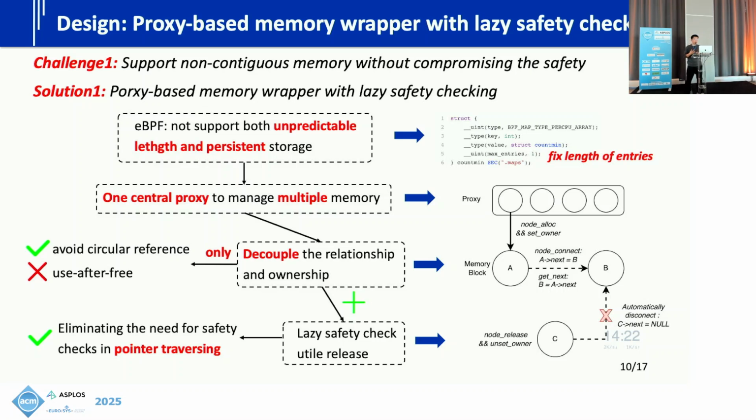This is built on our observation that for network functions, memory traversing is more frequent than memory connect and release. We achieve this by recording every memory relationship when the memory blocks are connected, and when the memory blocks are released, eNetSTL will automatically delete all the invalid relationships.